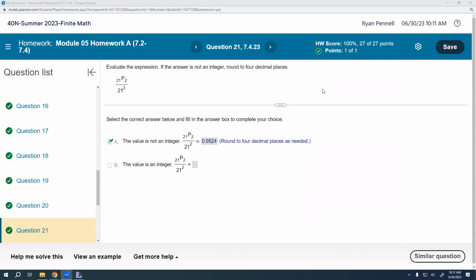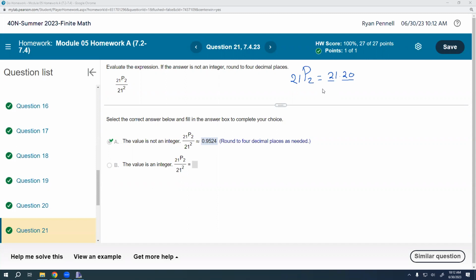Number 21 says evaluate the expression. If the answer is not an integer, round to 4 decimal places. We have 21 permutation 2 divided by 21 squared. Let's talk about what that symbol means. 21 permutation 2 means you have 21 times 20. That's 2 spots, just 2 spots.